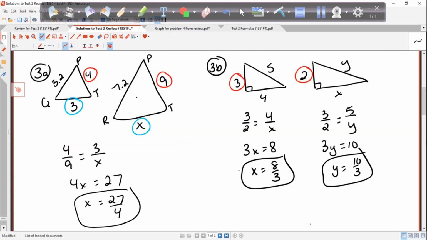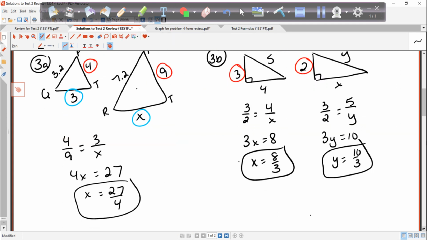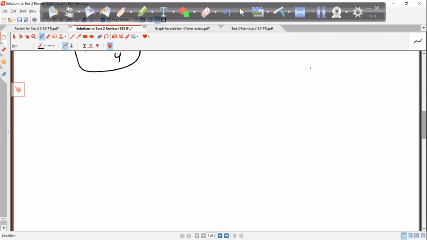Okay, so I like to draw this like this. (x, y) is turning into (x plus 4, y minus 2).